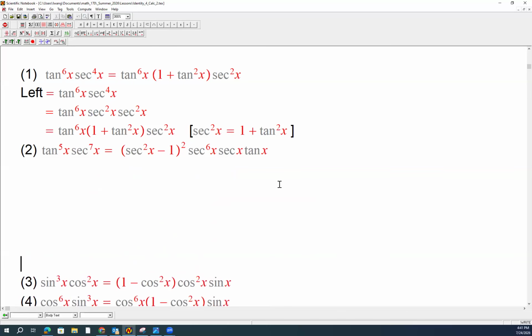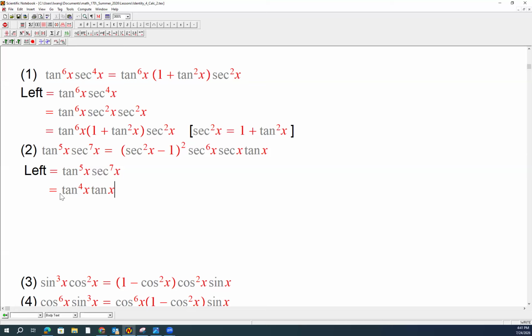Number 2 also starts from the left. The left-hand side is tangent to the power 5, secant to the power 7. We need secant x tangent x at the end, so we're going to split tangent to the power 5 into tangent to the power of 4 of x and tangent x.